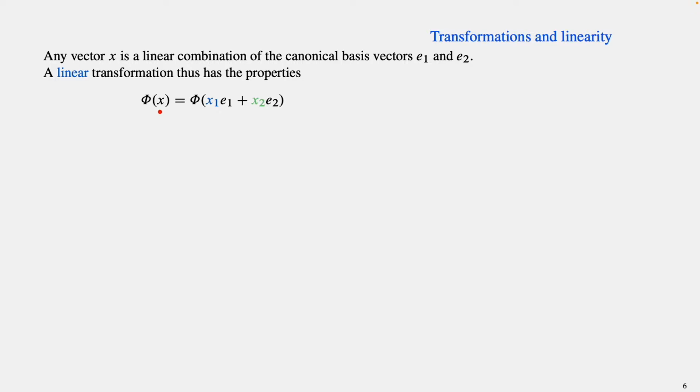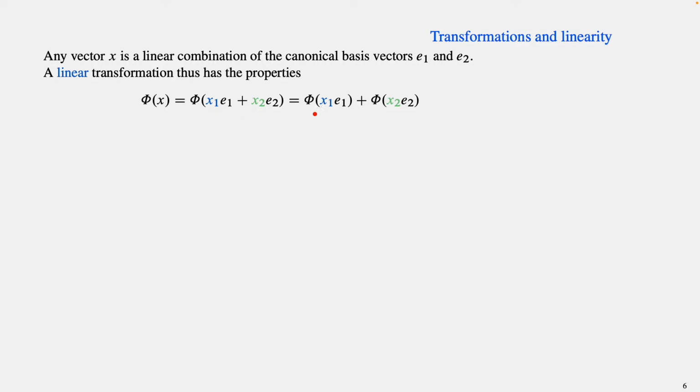Phi applied to the vector x is phi applied to this linear combination x1 times e1 plus x2 times e2. So recall that x1 and x2 are the two components of the vector x. And we can write x as this linear combination, scalar x1 times the first canonical basis vector plus scalar x2 times the second canonical basis vector. And now we apply the linearity property of phi.